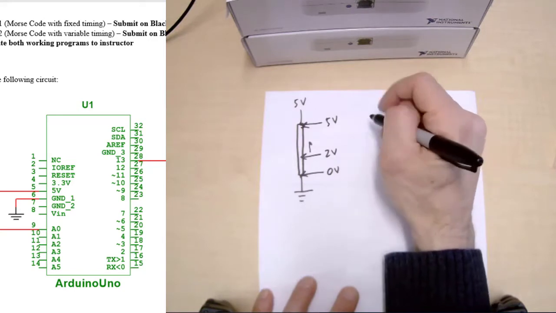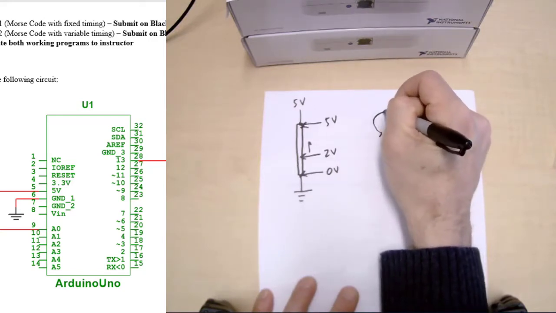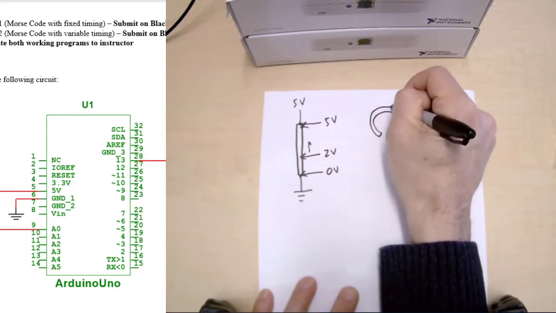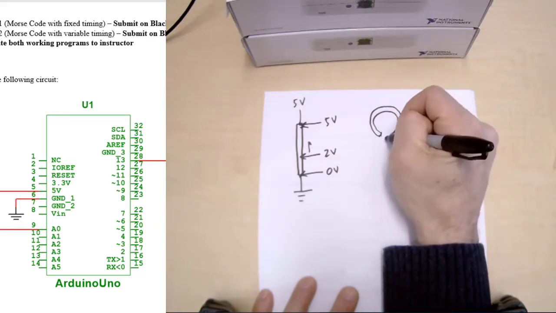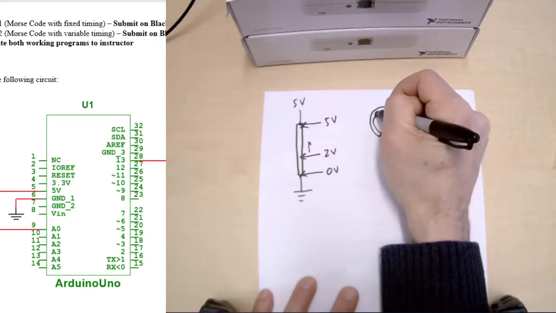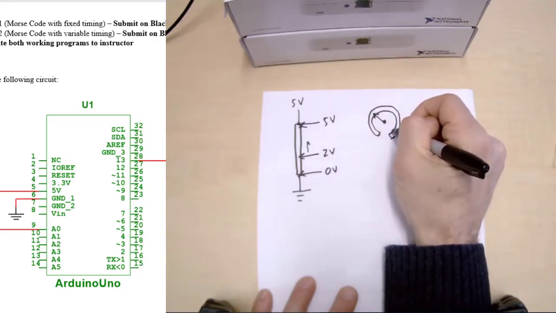Now the potentiometer we're using is a rotational pot, and most pots are rotational, although they do have linear. And all that means is that this strip of material goes around in a circle, and the sliding contact is on a pivot in the middle. And so as you turn the pot, that sliding contact moves.